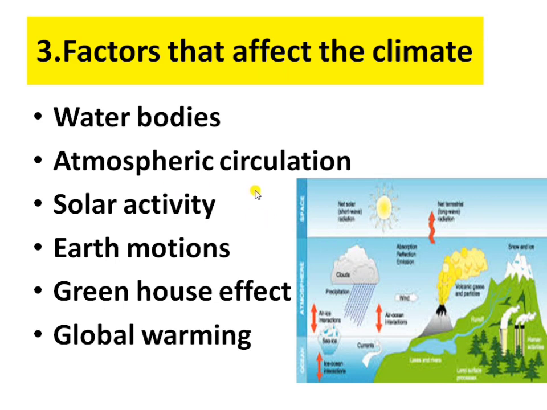Second is atmospheric circulation. Here, the global winds are another factor that influences the climate because they distribute heat and moisture around the earth.